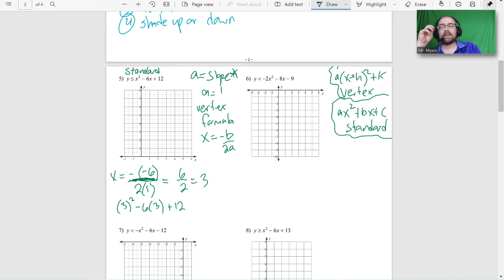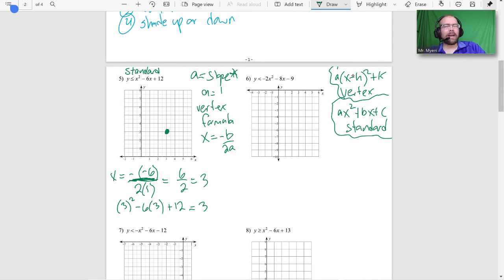So that's a minus 18, but a 9 and a 12 make 21, and minus 18 makes 3. So 3, 3, look at that. I found the vertex. Okay, that was a little bit complicated.